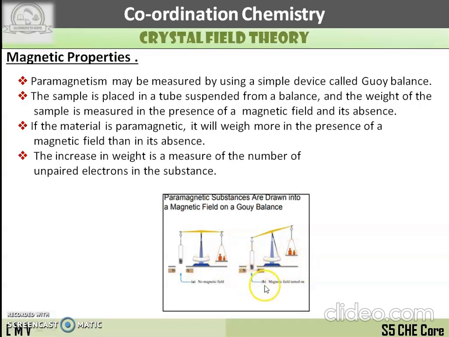Here the magnetic field is turned on, here it is not turned on. So when it is turned on, you have to add more weight in order to balance the pan. What does that mean? If it is a paramagnetic substance, the weight under the influence of the magnetic field will be more than the weight in the absence of a magnetic field. So this extra weight will give the number of unpaired electrons. So how many unpaired?